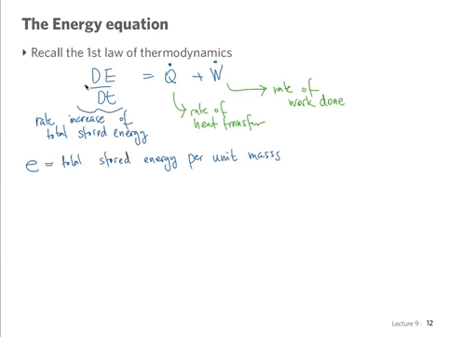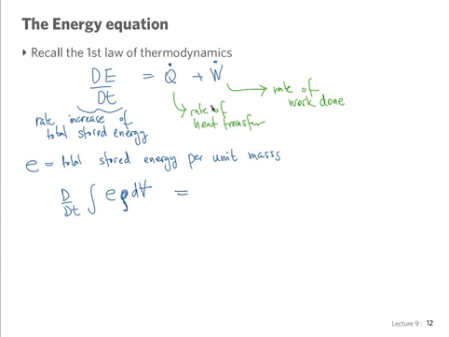So this term here on the left I can write as d/dt of the integral of this little e times rho dV, rho being the density of the fluid. And that's going to have to be in our energy equation.